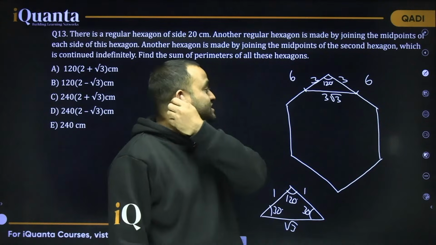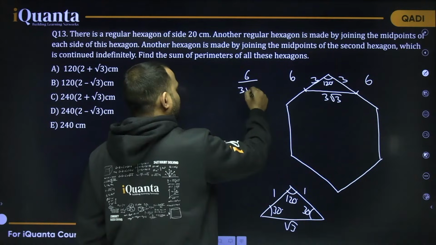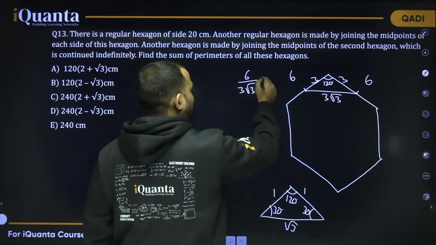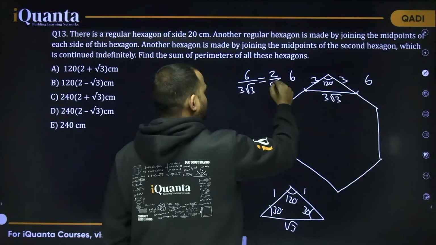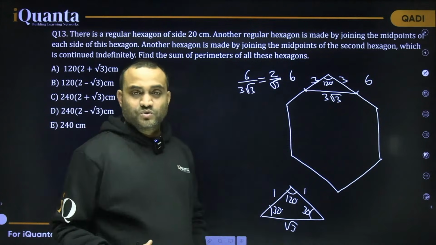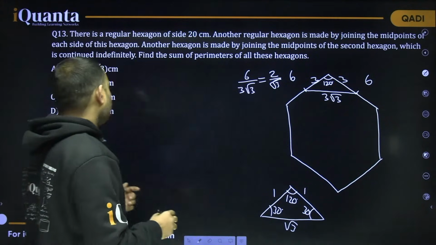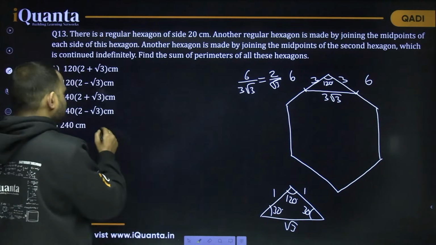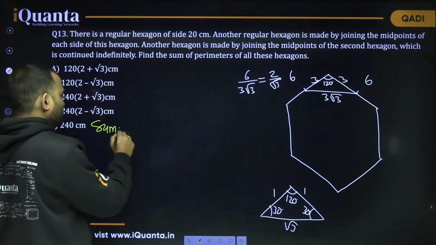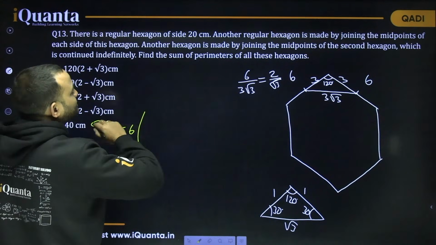So what's the ratio of the side length? 6 upon 3 root 3, that will be equal to 2 upon root 3. So each time you take a new hexagon, the side length will become root 3 by 2 of the previous one. So the sum of the perimeters, there are 6 sides, so sum will be equal to 6 times the first side length, which is 20, right?